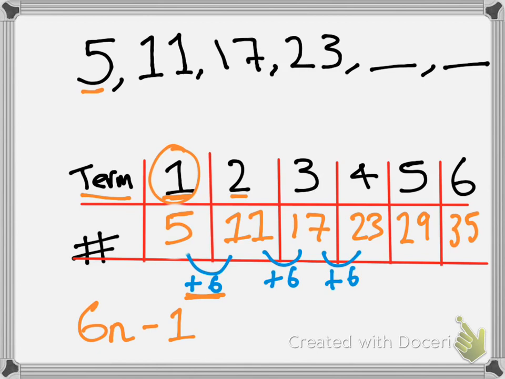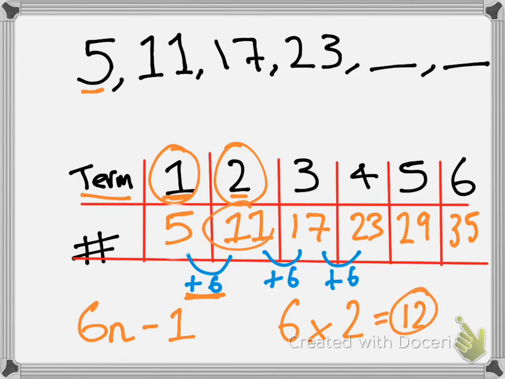Now let's see if this rule works for term 2 and term 5. So let's go on to term 2. It's 6 multiplied by the term, which is the n number. So that would be 12. But I need 11, not 12. So what do I do? I take away 1. So yes, it works for that one.